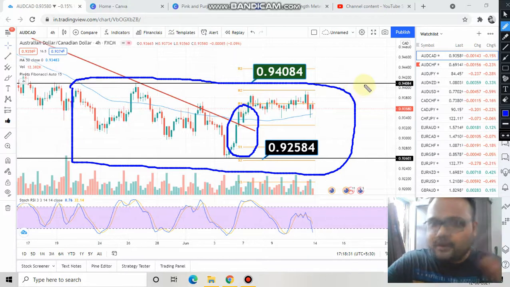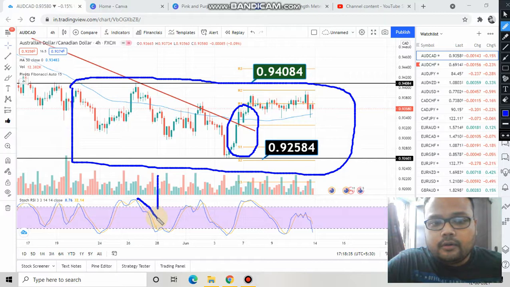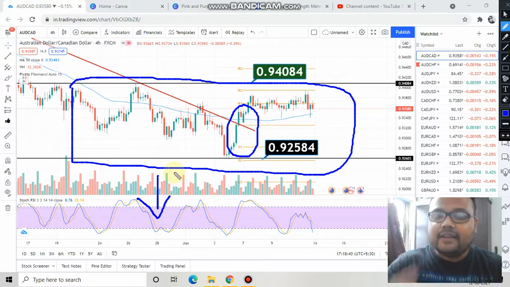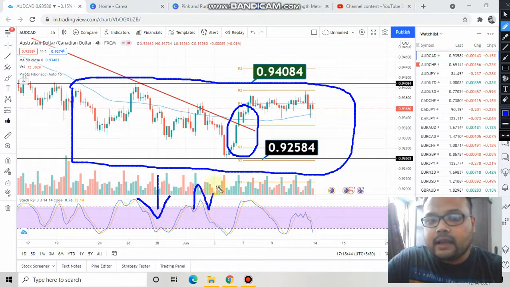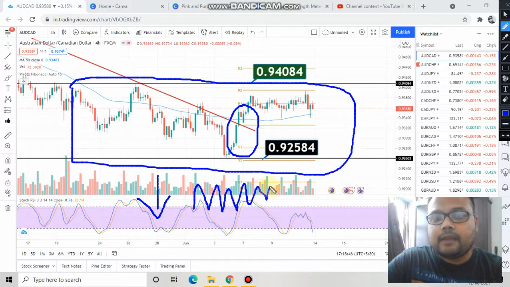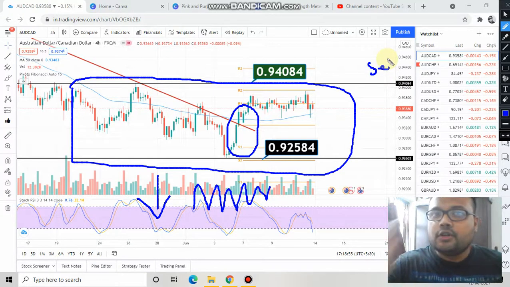Overall, the trend is towards the downside, sorry. Overall the market is in downtrend, there is no doubt about it, but right now we can see that market is in sideways. In a sell on rise market or in downtrend market, mainly we should look for shorting opportunities.